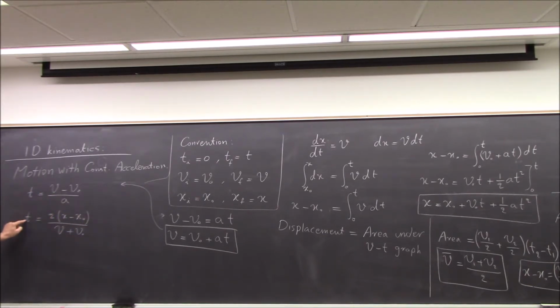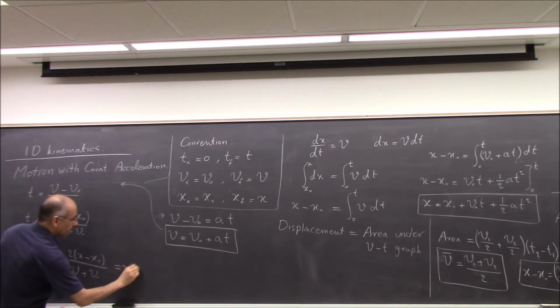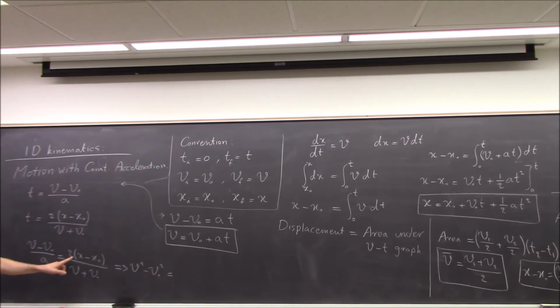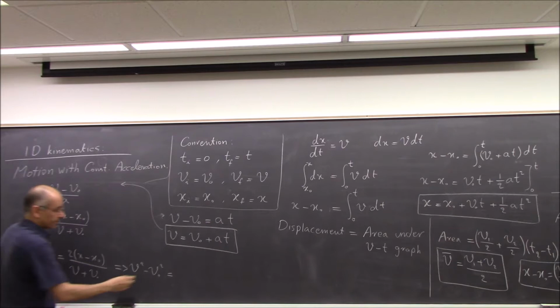And then this is t, we can put these together. v minus v naught over a should be equal to 2 times x minus x naught over v plus v naught. Then if you cross multiply, you get v minus v naught times v plus v naught, which is v squared minus v naught squared, equal to 2a times x minus x naught.